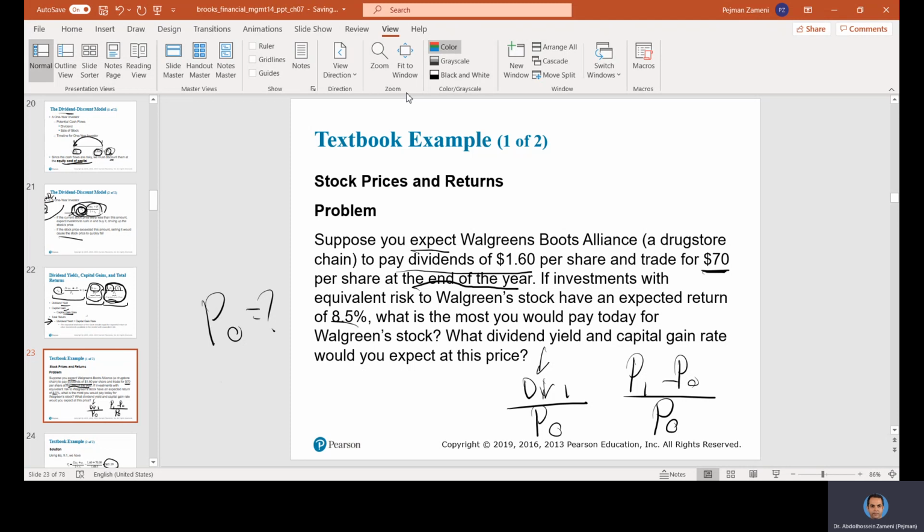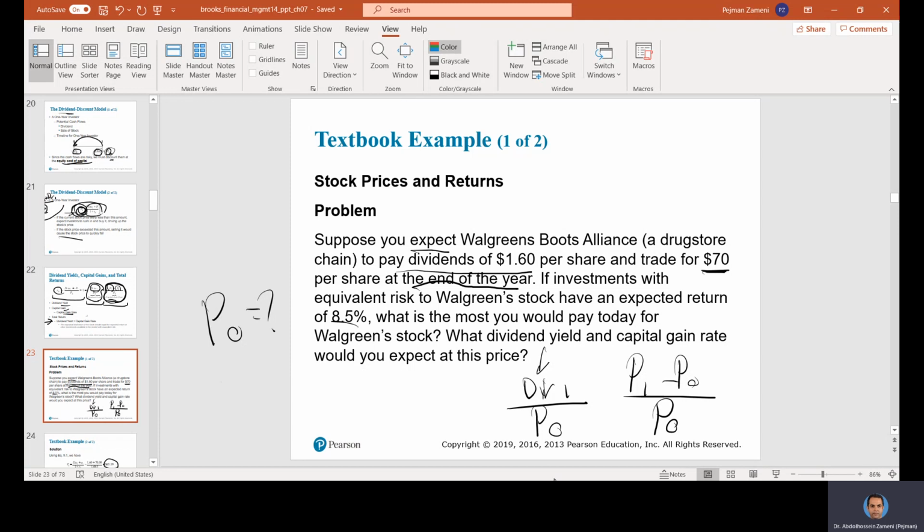It means that you are able to sell it at $70, P1. If investments with equivalent risk to Walgreens stock have an expected return of 8.5%, what is the most you would pay today for Walgreens stock? What dividend yield and capital gain rate would you expect at this price?